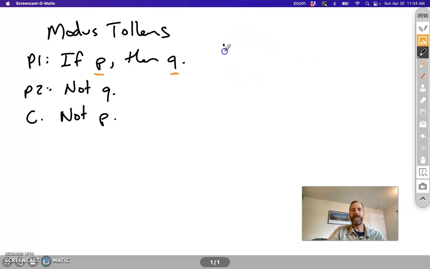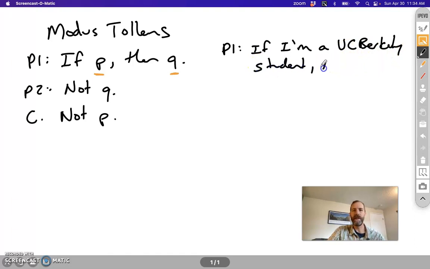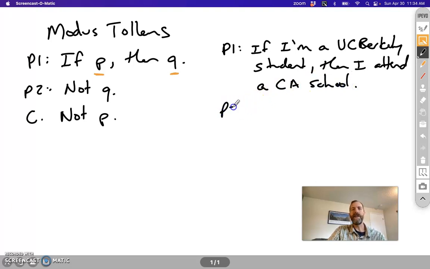Let's look at this argument. Premise 1: If I'm a UC Berkeley student, which is a school in California, then I attend a California school. Now, is that conditional true?